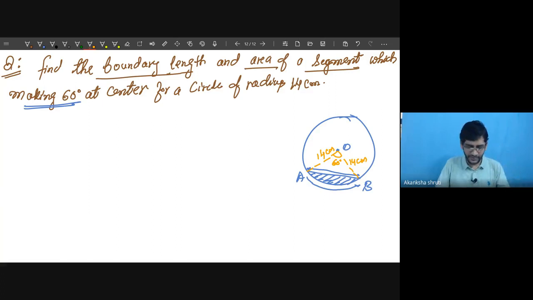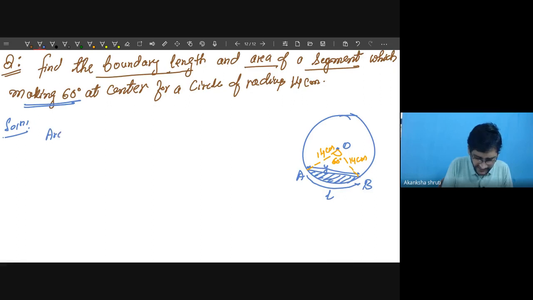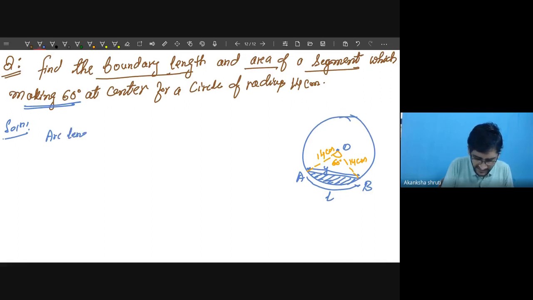Okay, student, it's so simple. So what are the basic things for calculating the boundary length? We need this arc length and this chord length. Consider this chord length as y. So write arc length AB.